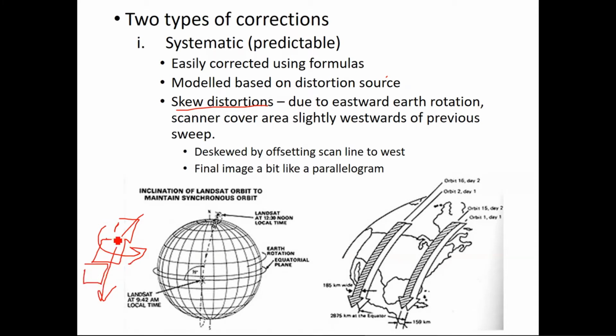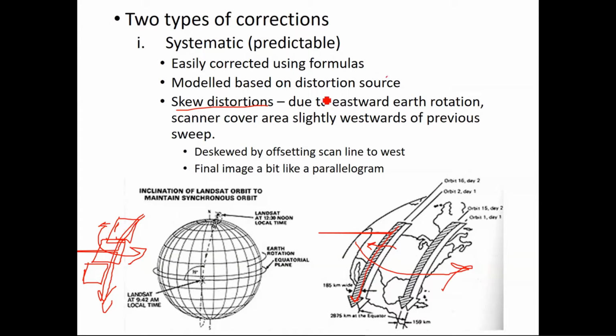Because the Earth moves very fast towards the east and the satellite keeps its path steady. So as the Earth moves eastwards, there will be a slight westward displacement in these images, right?